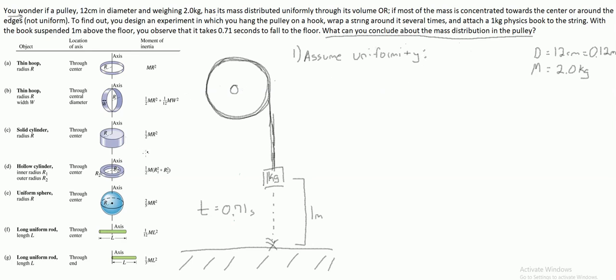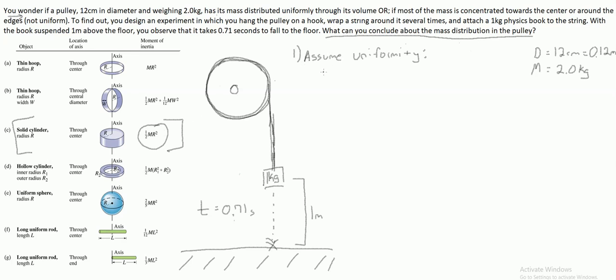If indeed the mass in this pulley is distributed uniformly, then this, what I'm highlighting right now, is the situation we're talking about. I've copied over this diagram, which is a list of moments of inertia of different types of shapes. Okay, right here, 1/2 mr squared. This is true if my pulley is uniformly distributed.